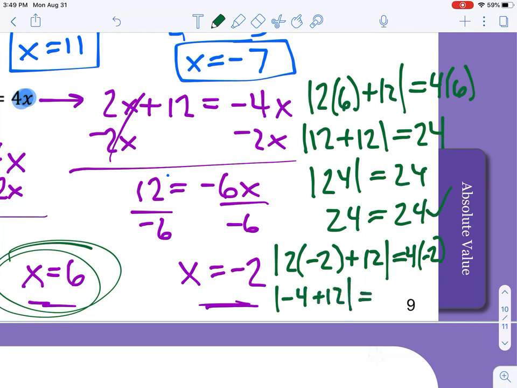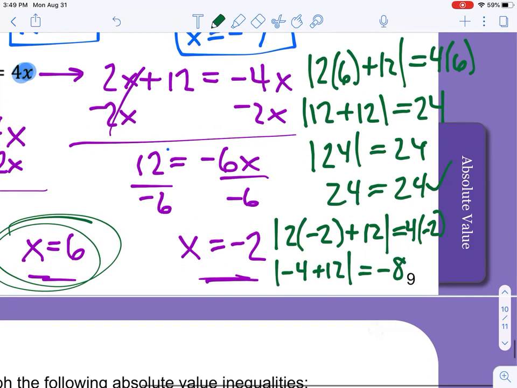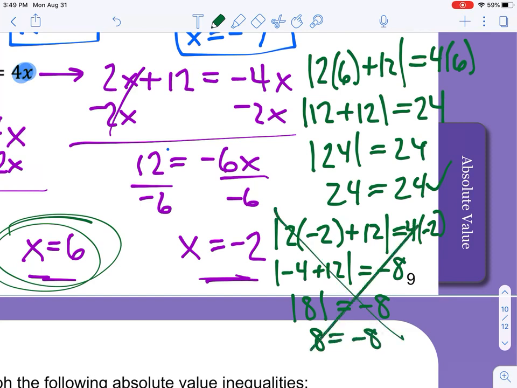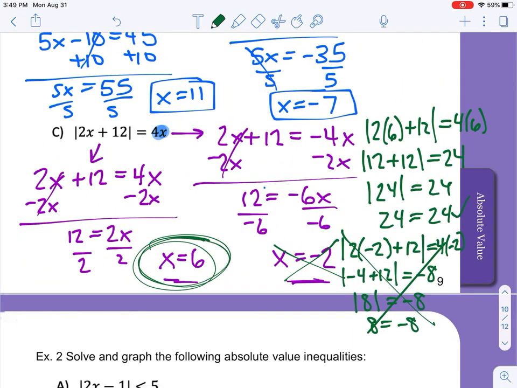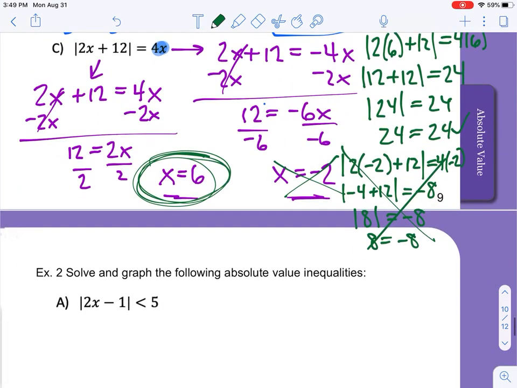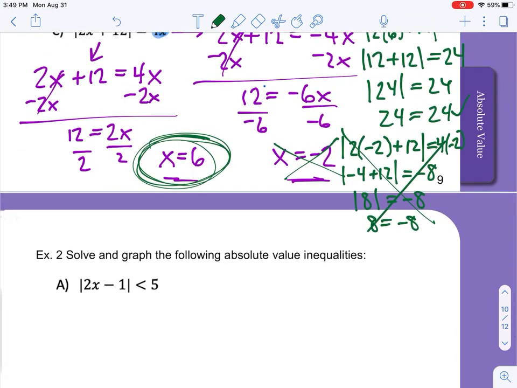Negative 4 plus 12 equals negative 8. So 8 equals negative 8. Does 8 actually equal negative 8? It does not. That means negative 2 is not a solution. The only solution to this one after checking is x equals 6.